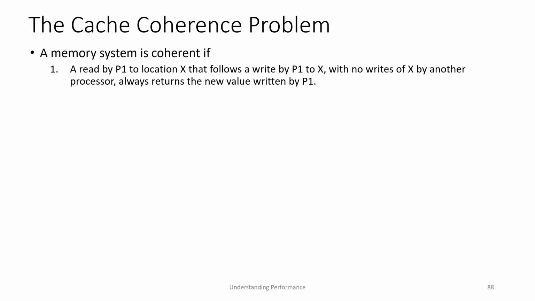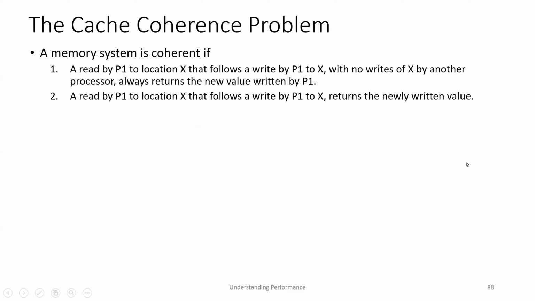When a location, a piece of data that is read by one processor and modified by that processor, that modified value should be reflected to all the other processors, right? And when location X is read by P1 and updated by P1, then if some other processor requests it, it should get this newly written value, right? And then writes to the same location. Let's say in the previous example, P1 has written some value, P2 has written some value.